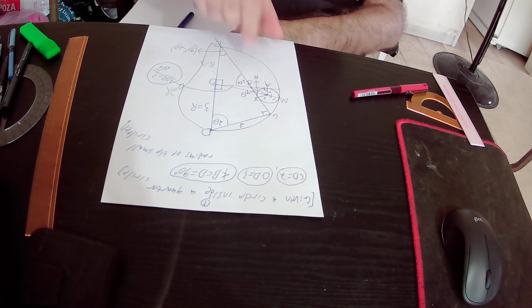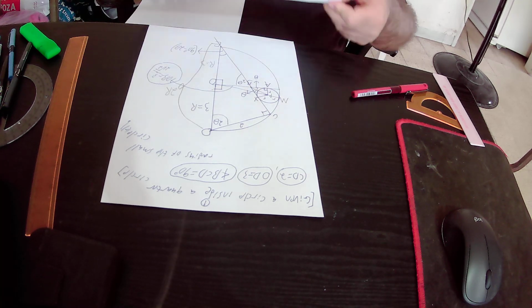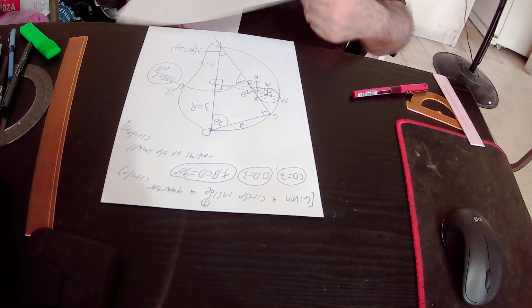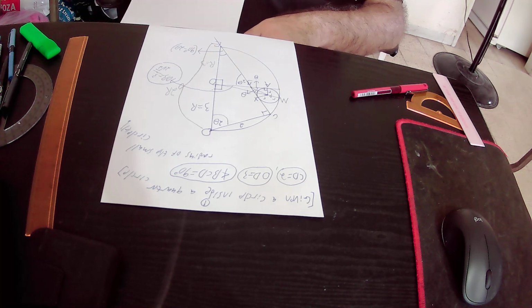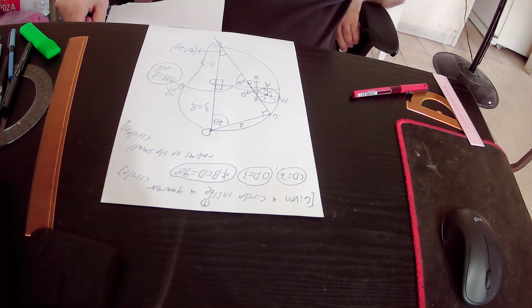Again, AB equals AO minus BO. But we have already found that the value of AO is root of 9 minus 6r, and the value of BO is 3 over 2 times root 2. So we can substitute AO and BO by their values.